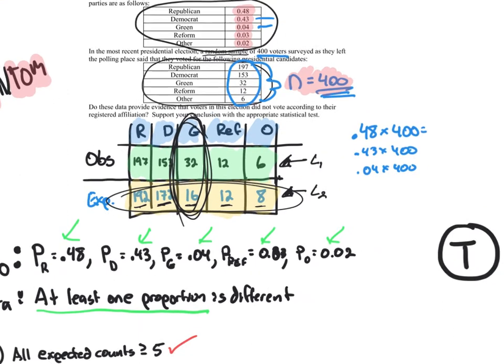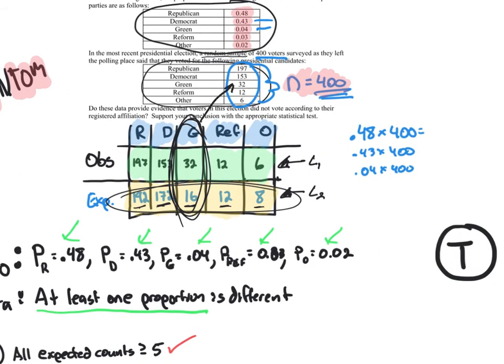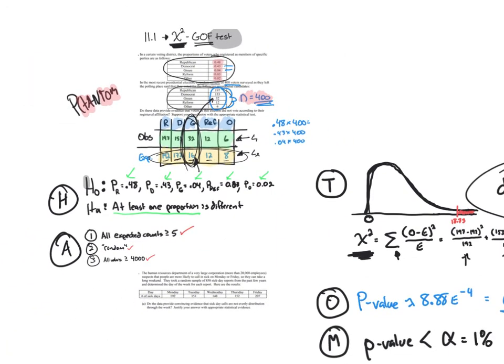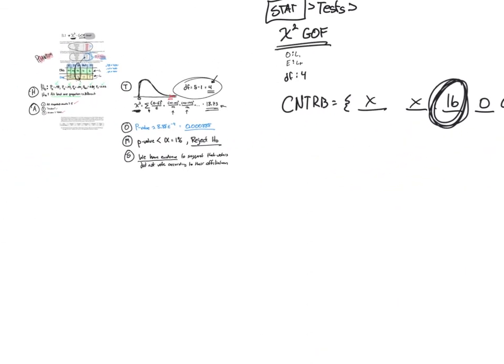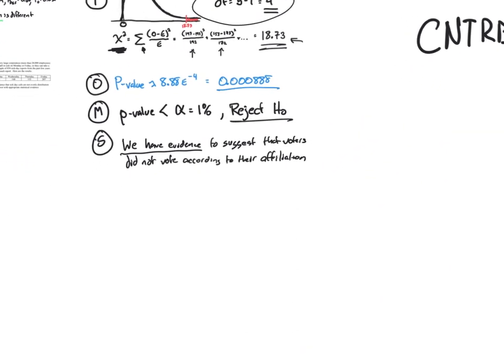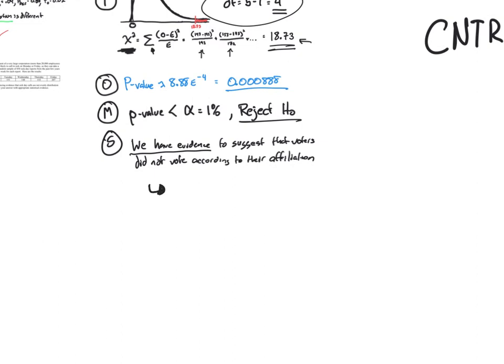So we observed 32 Green Party people, but we only expected to see 16. That is double. That is the biggest proportional difference out of all of them. So the Green Party, you don't necessarily have to write this, but sometimes they'll ask the follow-up question. So I'm just telling you right now, the Green Party is the biggest contributor.